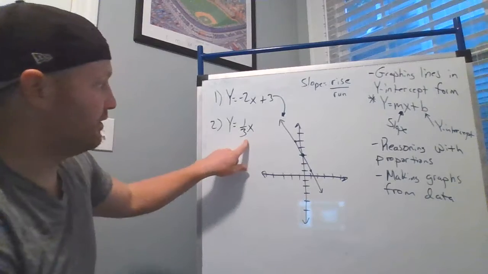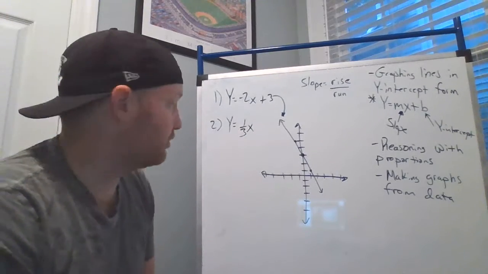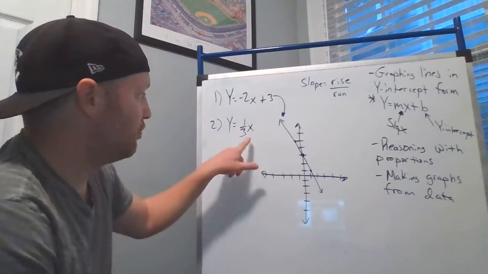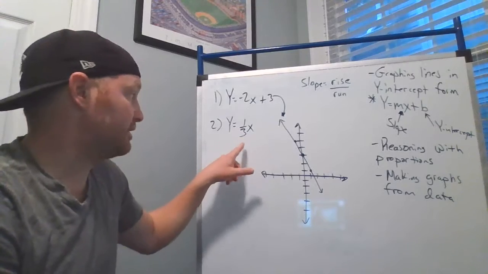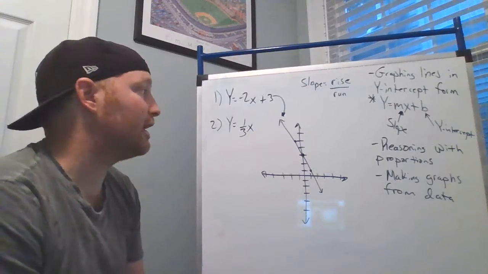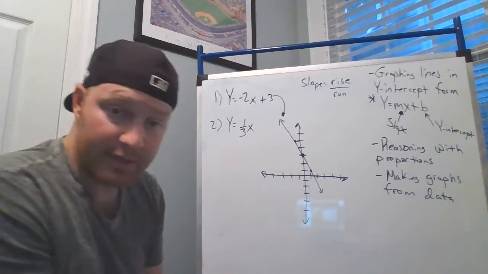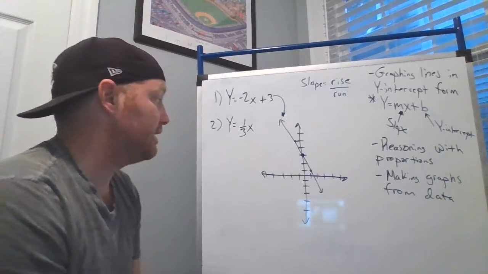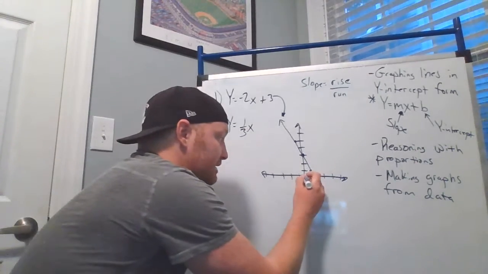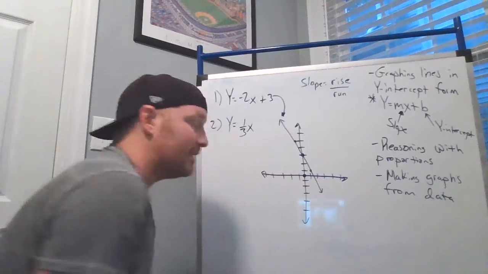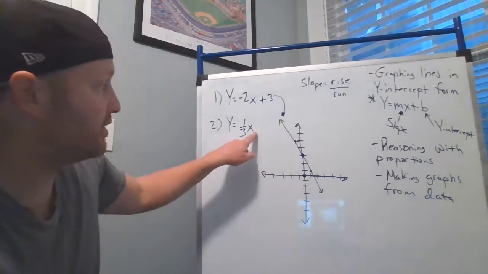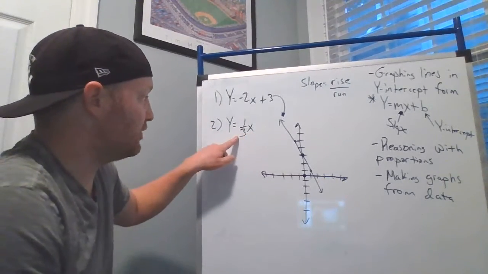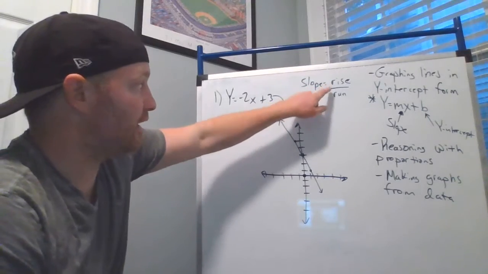Okay? Now this one, another question some of you guys had yesterday. Where do I start one like this off? So y equals 1/3 x. There's no plus or minus. So when there's no plus or minus, I can start that right at the 0 because that is the y-intercept for every situation like this. The slope is 1/3, and now this is in fraction form.